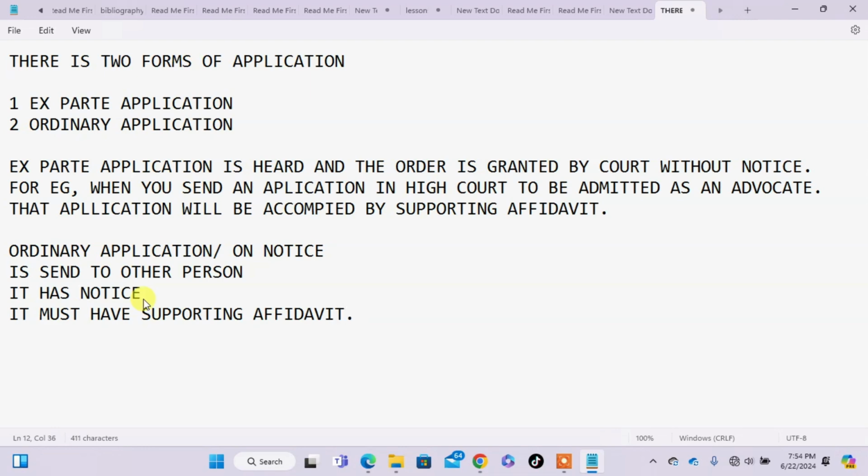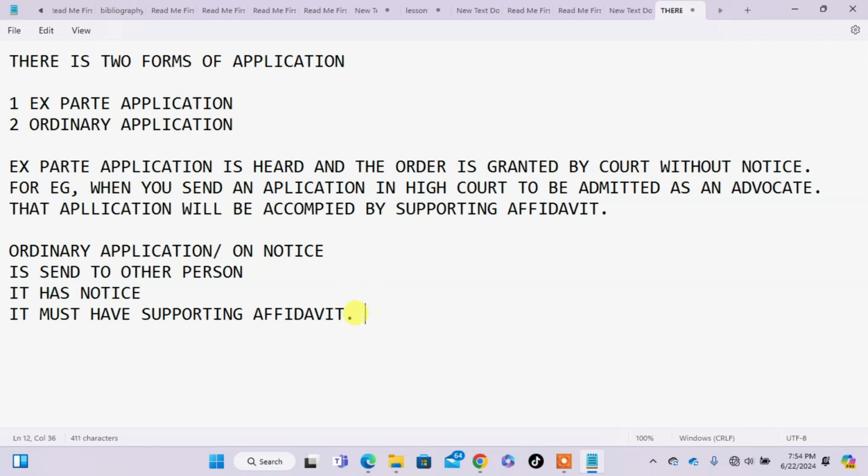You send it with a notice that on this day the court will take a decision, and the decision that will be taken will be final.